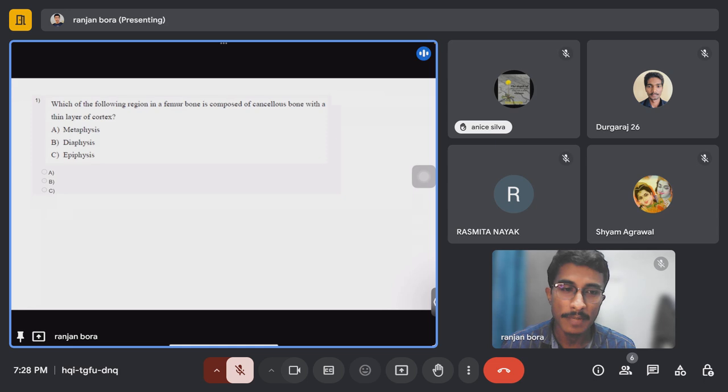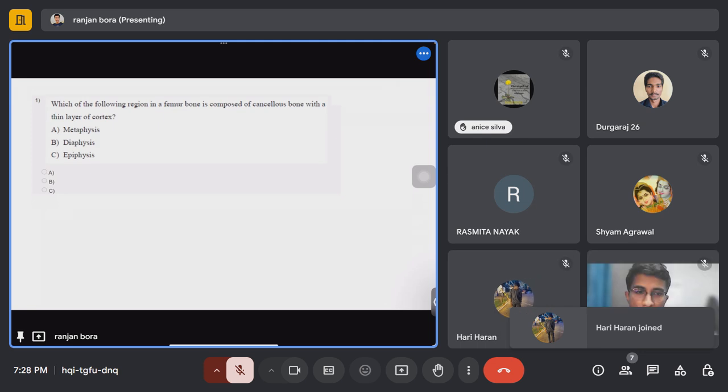No one has gone through the videos? You can use the chat box to reply, or if it is inconvenient to unmute and speak, you can speak also. Anything is fine.